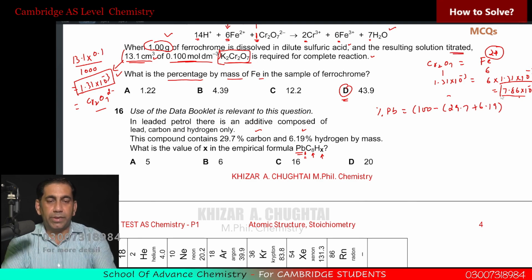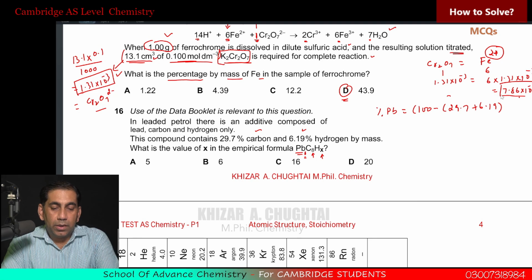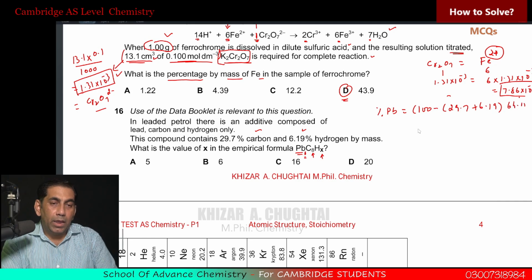Let me check its percentage. 100 minus 29.7 plus 6.19 is equal to 64.11%. So 64.11% lead, the percentage of carbon is 29.7%, and the percentage of hydrogen is 6.19%.